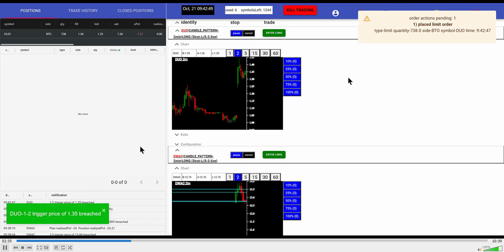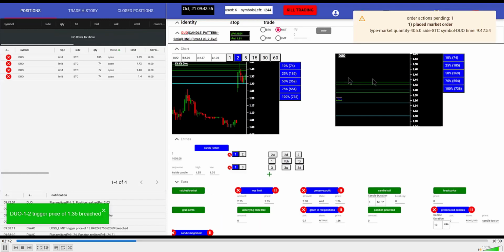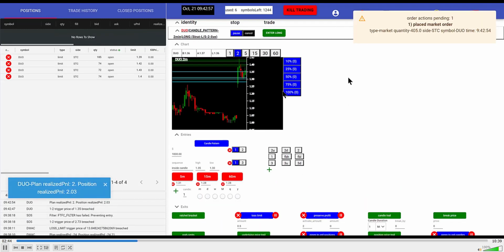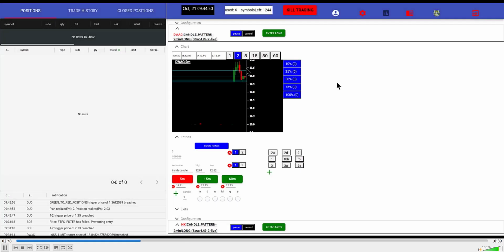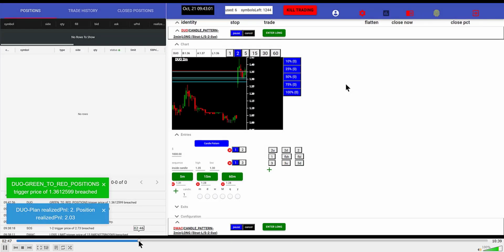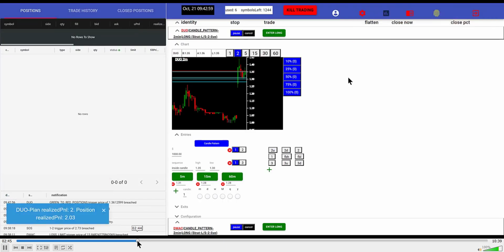And there it is. Duo has just triggered. You can see some targets being entered. This is the actual position. And that one turned around. Here, I'm going to go back for just one sec. That one turned around against us real quick. And the green to red positions, it doesn't do that unless I pause.